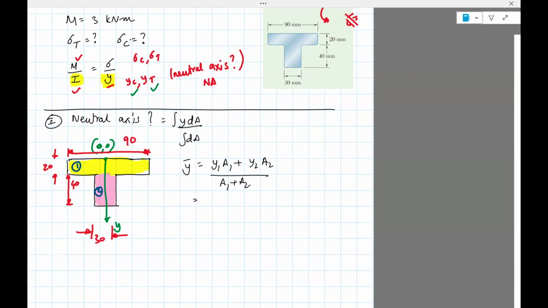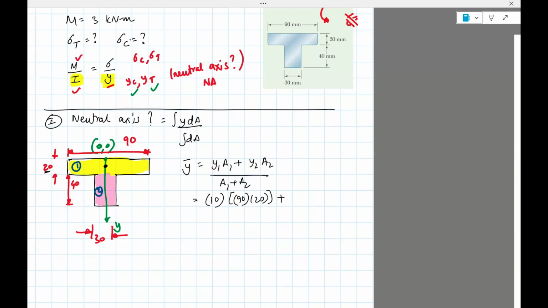So it's clear that the first center is right here in the middle. So that'll have a distance of 10 mm, right? Half of 20. Next is the area of the yellow part. So that's going to be the length times width. So it'll be 90 times 20. That completes A1.